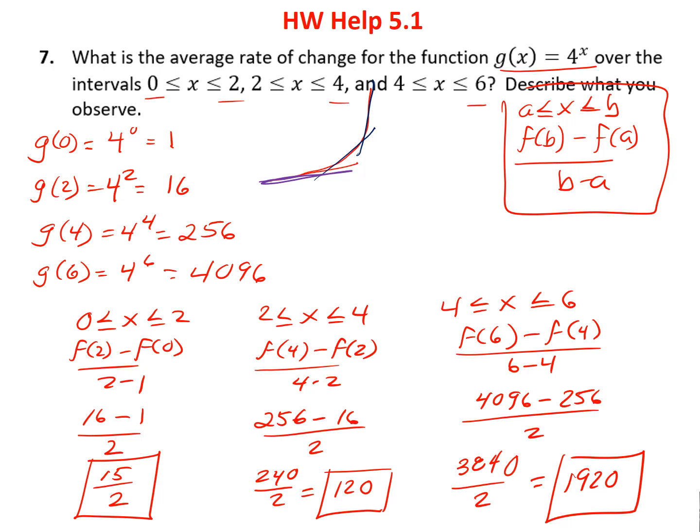And then we move up and it starts to get steeper and then even steeper. So in an exponential function of this nature, the average rate of change is constantly getting bigger and bigger and bigger. I do apologize for one thing here. This is g of x, and I did it right here. But then over here, I started using f of x. These should be g of x.